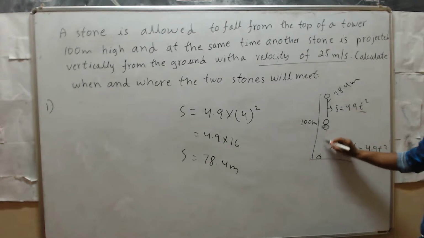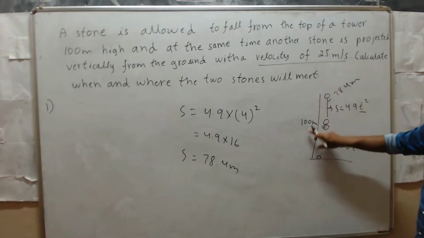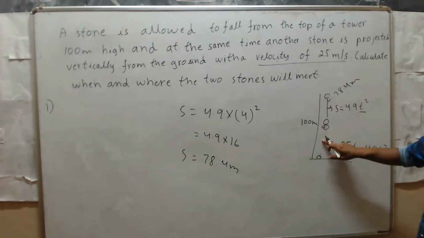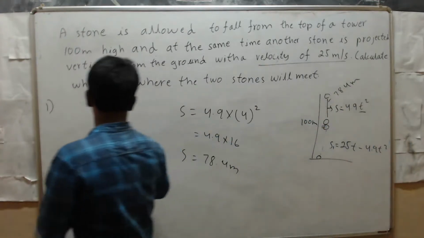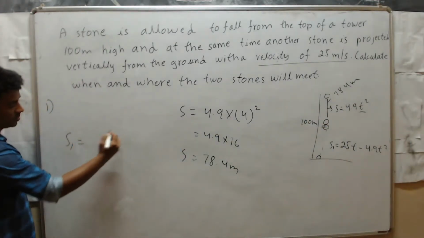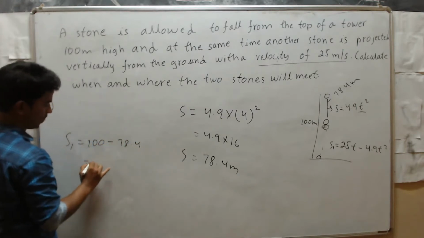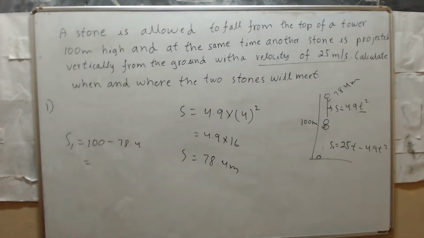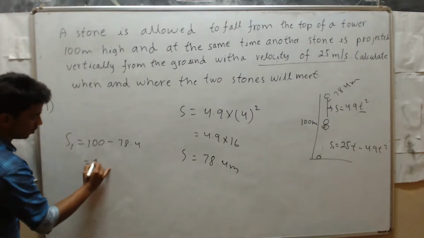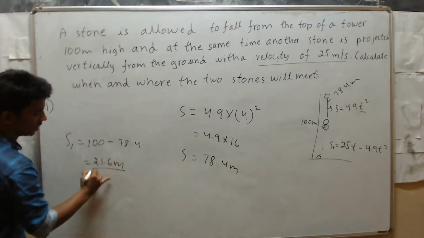Then what about here to here? The whole is 100 meter, so we can write s1 is equal to 100 minus 78.4. What is the answer? Sorry, 21.6 meter.